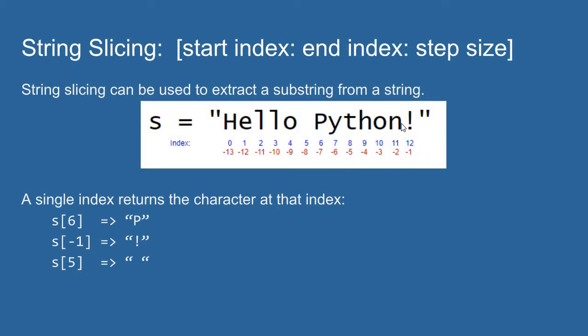S at -1 is going to give me the character exclamation point. And S at index 5, if we count up here, is just a space character, so that would return a space.